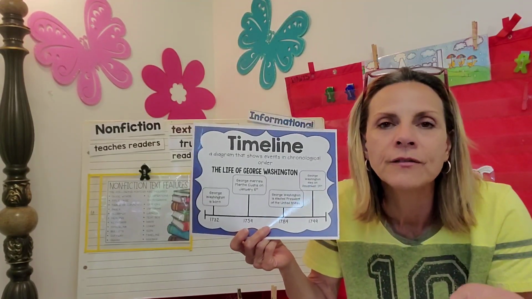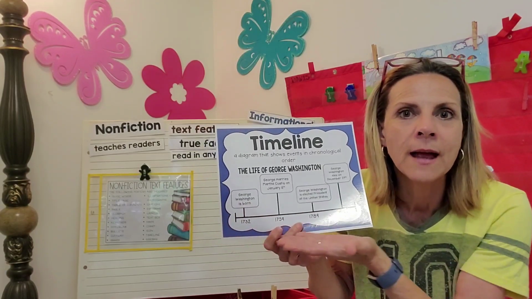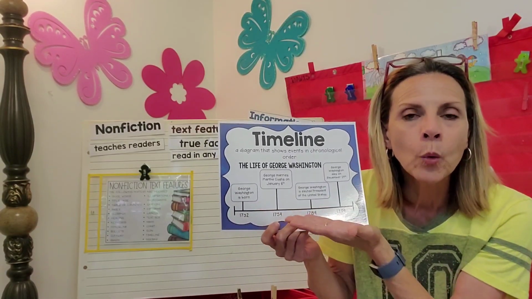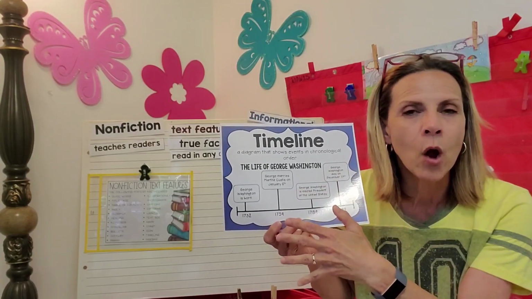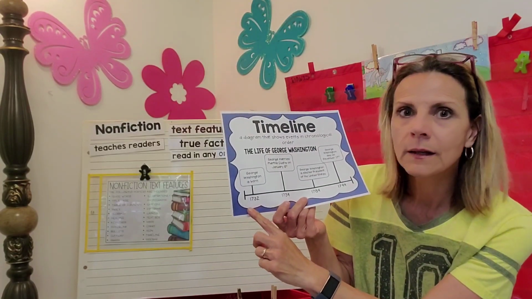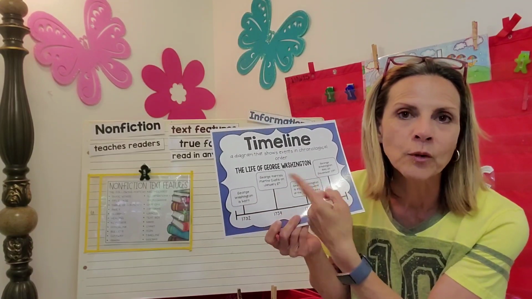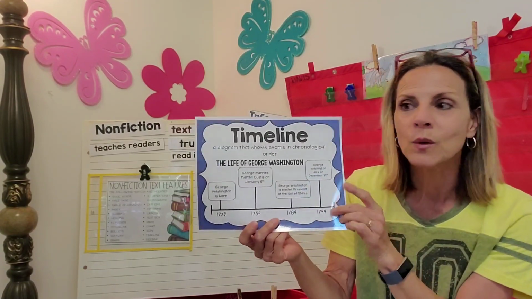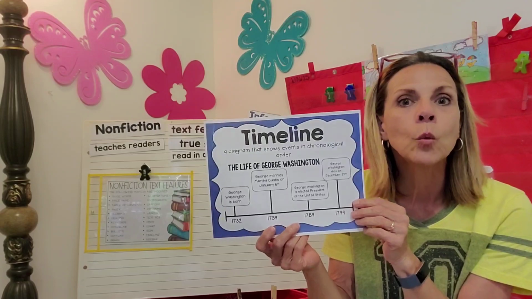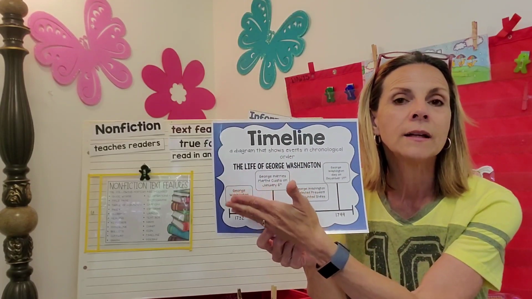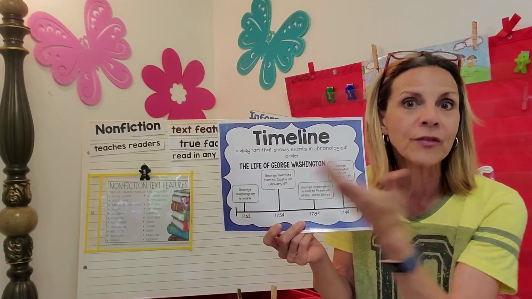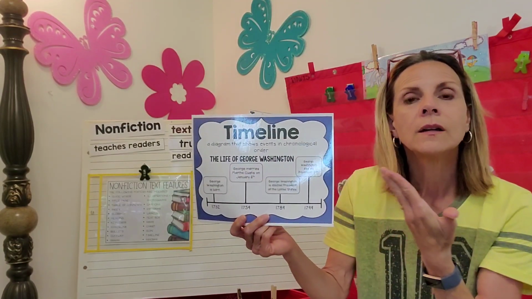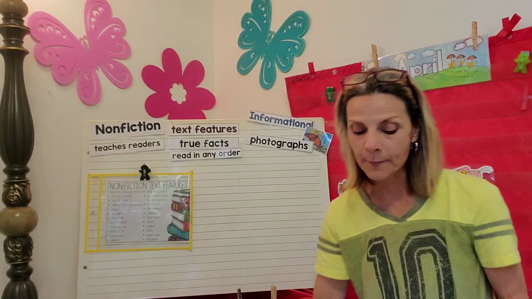Not every single event is located on his timeline here, just the very important events in his life. So you can just focus in on the date and what happened in that person's life at that time. So a timeline is a very helpful way to organize dates and times and information that go together in the course of someone's life. Timeline.